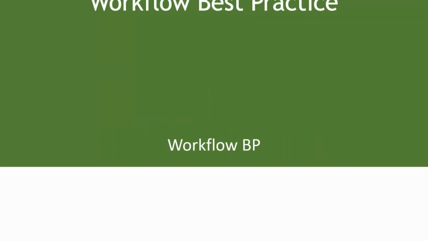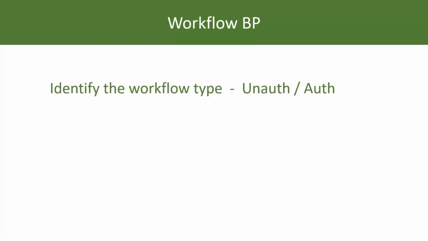So let's continue with the workflow best practice. Let's look at it. The first thing we have to do is identify the workflow type. As we have seen, whenever there is any login or any critical transaction happening, usually it is an authenticated workflow. Most likely when there is no login or such thing happening, then it could be unauthenticated. Next, identify the user roles that are involved.